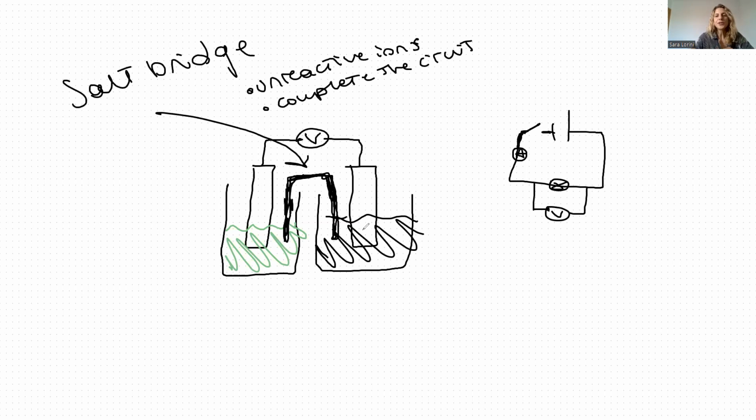They complete the circuit because ions, remember, can flow in aqueous solutions. So they carry the flow of charge. Very important, because this allows electricity to flow in our electrochemical cell.